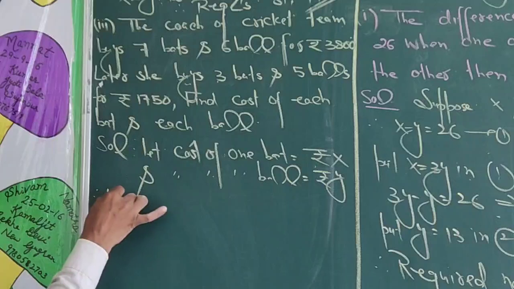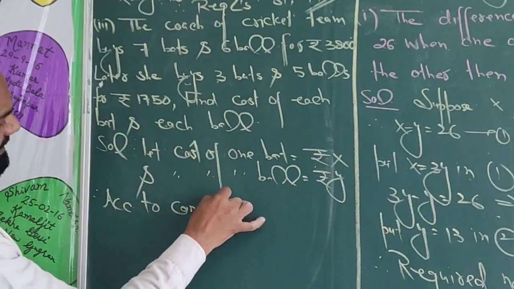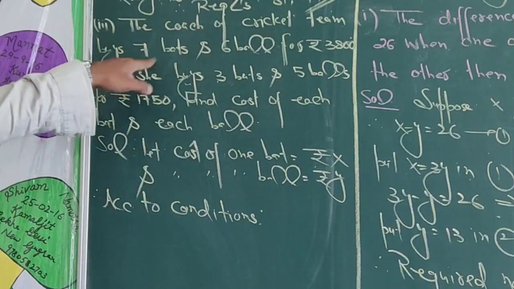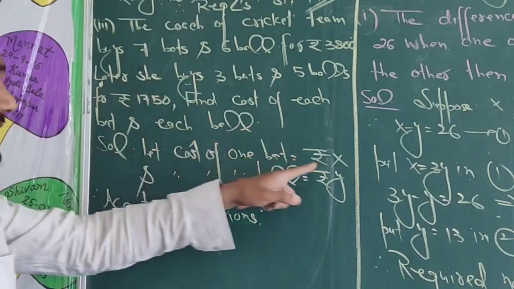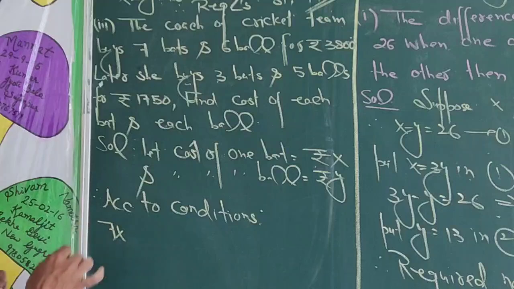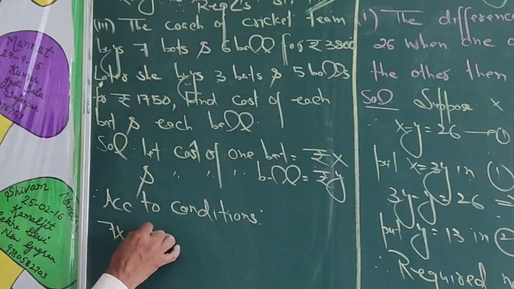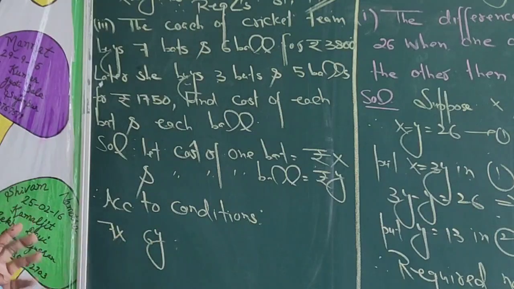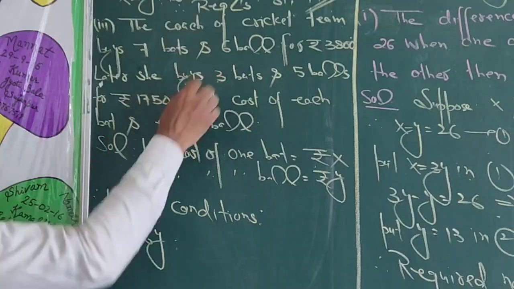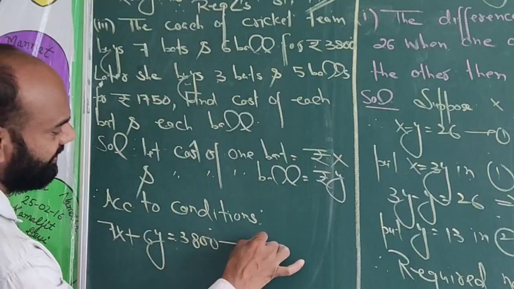Therefore, according to the conditions, 7 bats and 6 balls: when the cost of 1 bat is rupees x, then the cost of 7 bats is rupees 7x. And when the cost of 1 ball is rupees y, then the cost of 6 balls is rupees 6y. The combined cost of 7 bats and 6 balls is 7x plus 6y, and according to the condition, this is equal to 3,800. This is equation number 1.